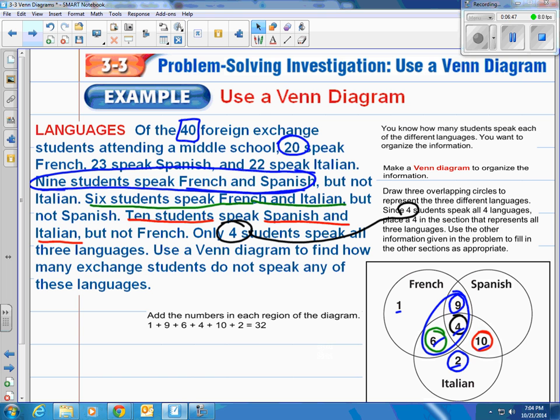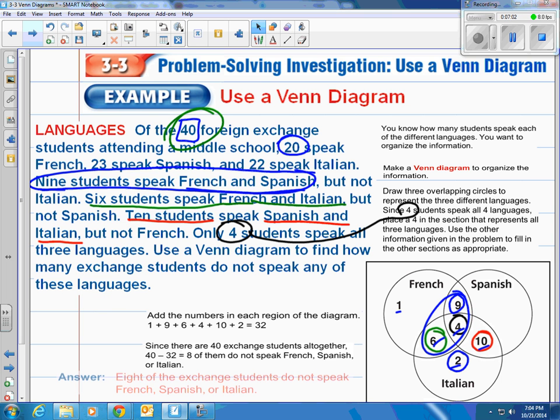Now, notice when you add all those up, we get 32. Well, don't we have 40 total? We're missing how many? That's right. We're missing 8. So 8 of them do not speak French, Spanish, or Italian. And that's our answer. So 8 is on the outside right there. 8 of the exchange students do not speak French, Spanish, or Italian.